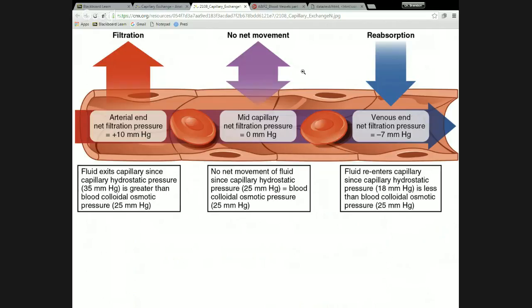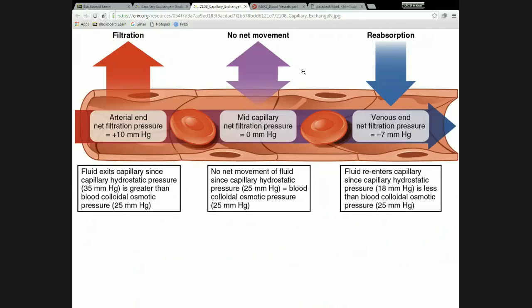Filtration is not just a matter of that 35 millimeters of mercury pressure pushing things out of the blood, but rather the net filtration pressure, that's the difference between the blood pressure, which here is referred to as capillary hydrostatic pressure, and an opposing pressure here called the blood colloid osmotic pressure, or osmotic pressure, that's pulling water back in.